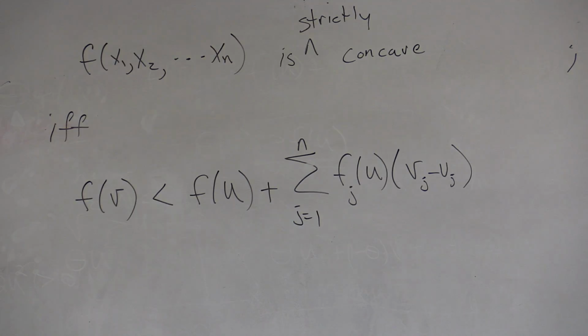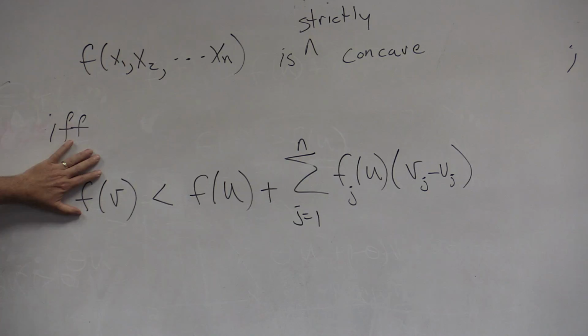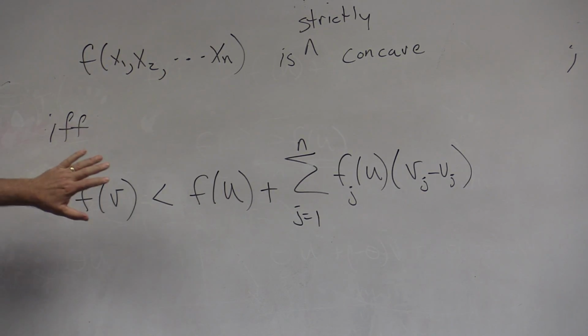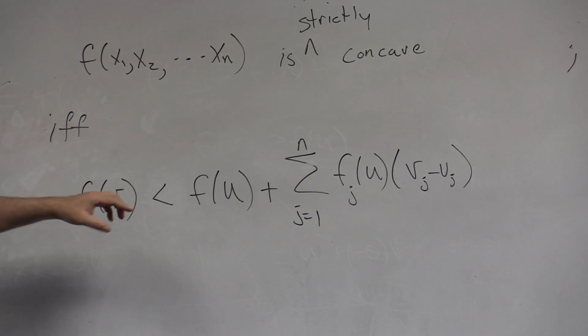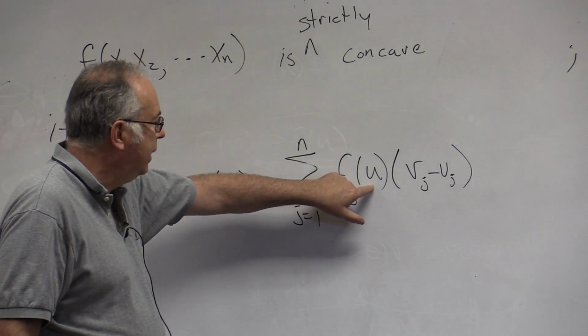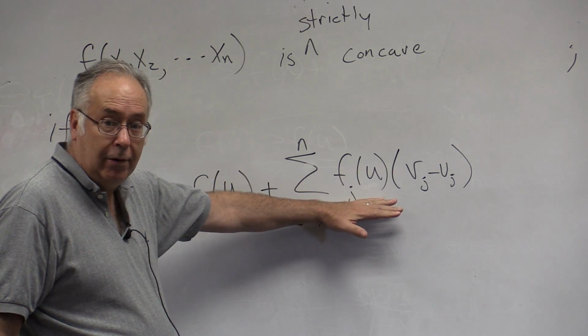Okay. Now recall, suppose we have a function we know is strictly concave. Suppose you've established that this holds. Then how are you going to find, what are your first order conditions? Your first order conditions are find the critical value of u where all these partial derivatives are 0.